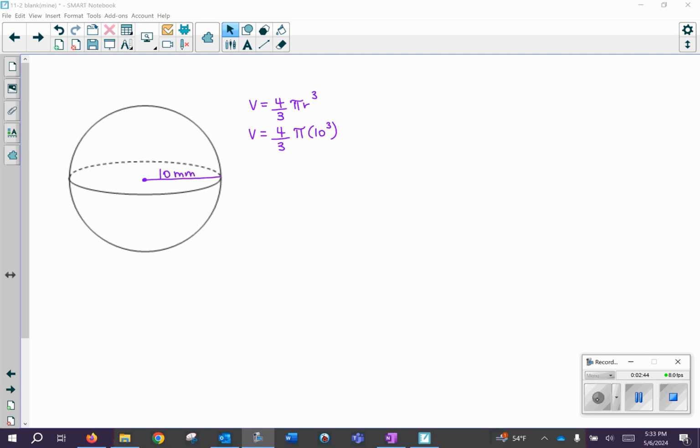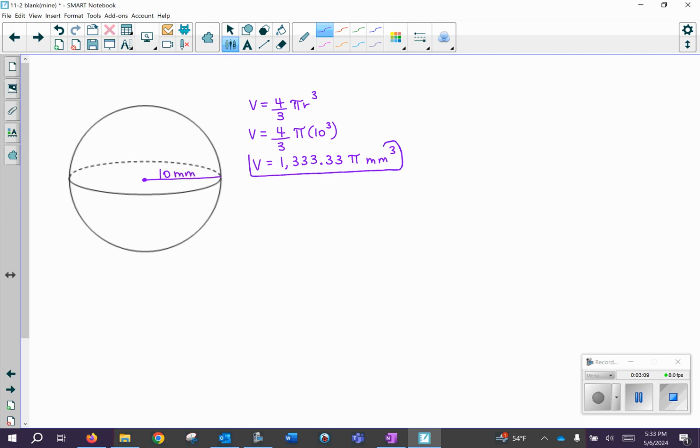And you would get 1,333. Point, we're going to the nearest hundredth, so 0.33 pi, because we didn't multiply by that yet. This is your answer in terms of pi, millimeters cubed.